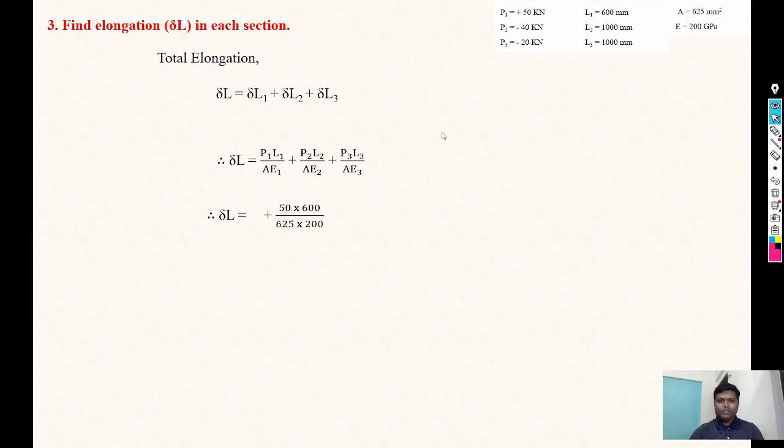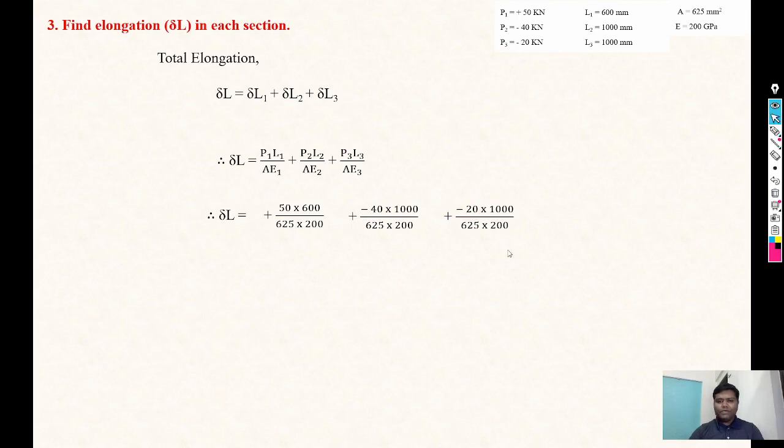Similarly, put the values of L2, P2, L3, P3. But the important thing here is that our P2 and P3 are both negative, since we have considered the forces with sign.